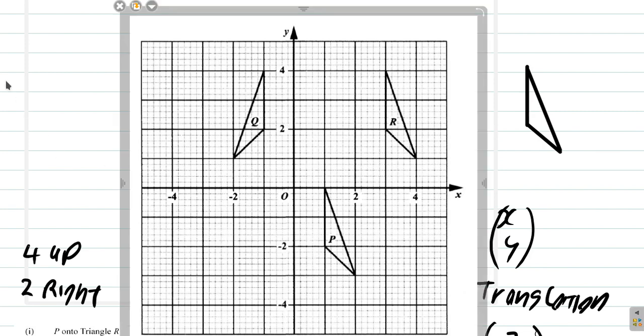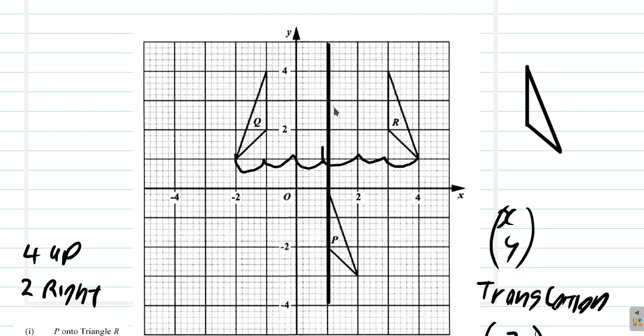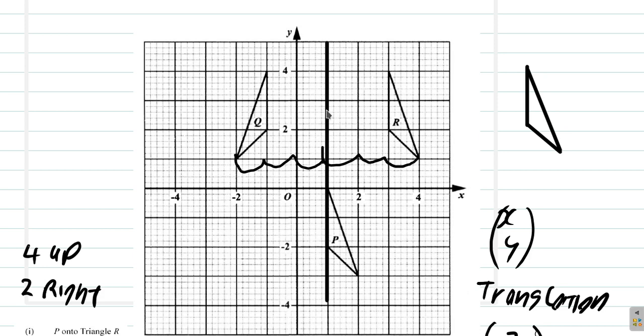You can say the distance between R and Q to the left is 6. If you go 1, 2, 3, you come right here, and you end up with this line right here.